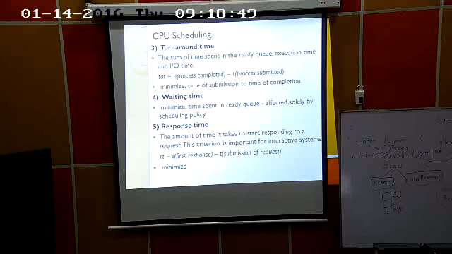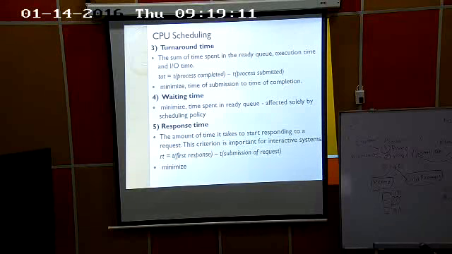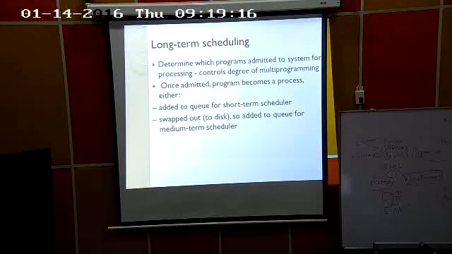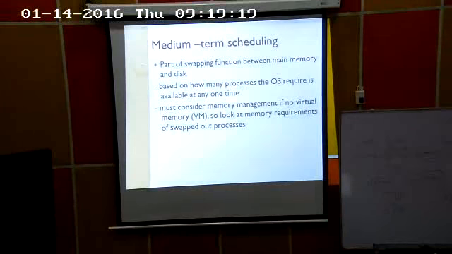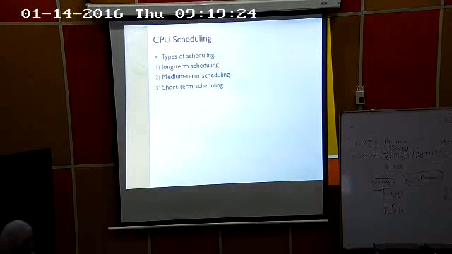Turnaround time is the total time from submission to completion, waiting time is the time spent in the ready queue, and response time is when it starts responding. Later we will calculate these.